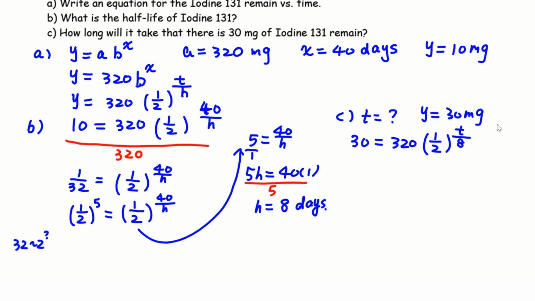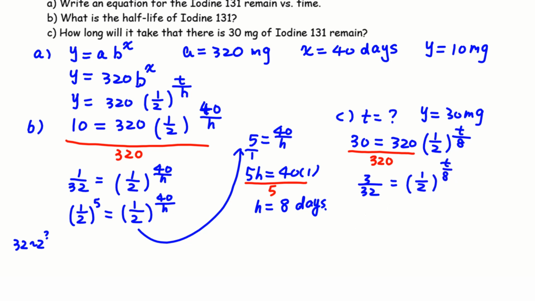So we know the half-life is 8. Then we are looking for the t again. So bring the 320 to the other side. We have 3 over 32 equals 1 over 2 to the exponent t over 8.